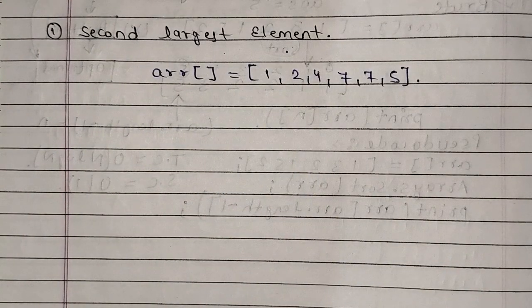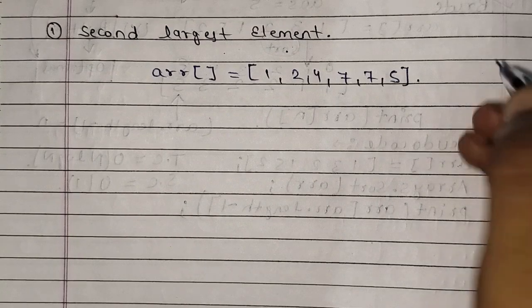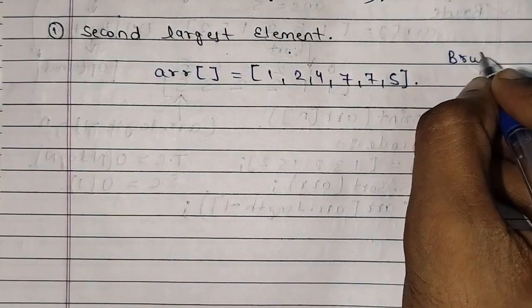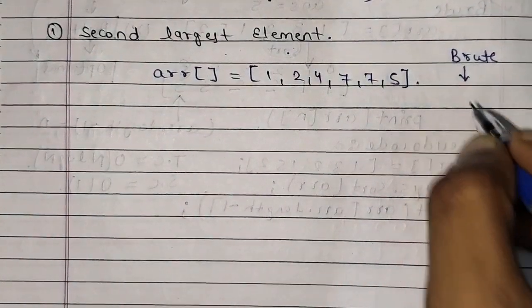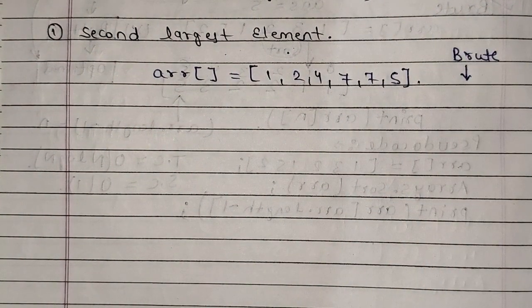If you are sitting for any coding interview and the interviewer asks you a coding problem, you have to start your solution with the brute force approach, and then optimize your solution further.